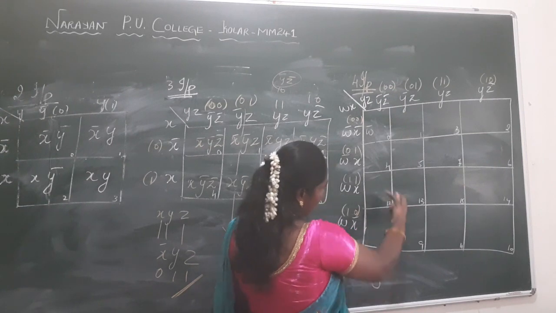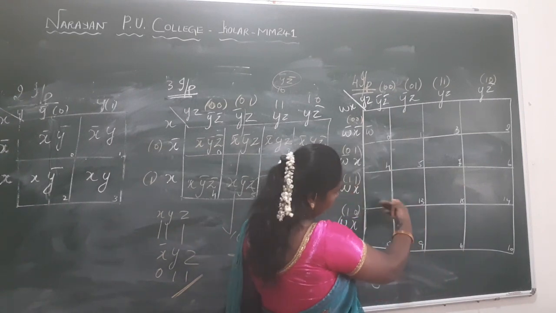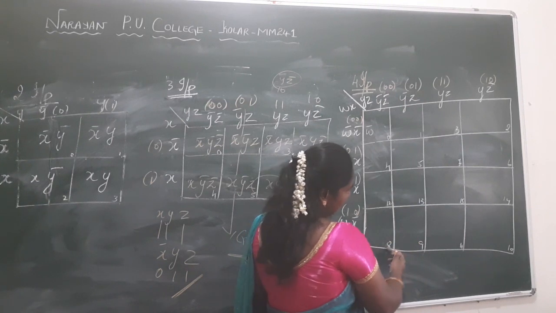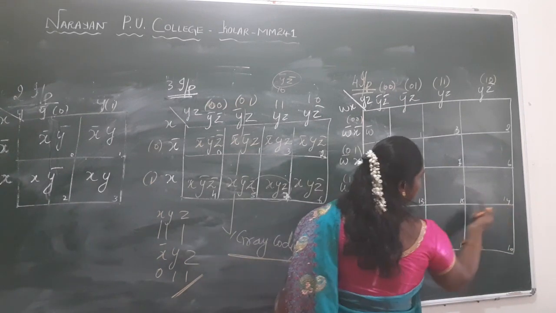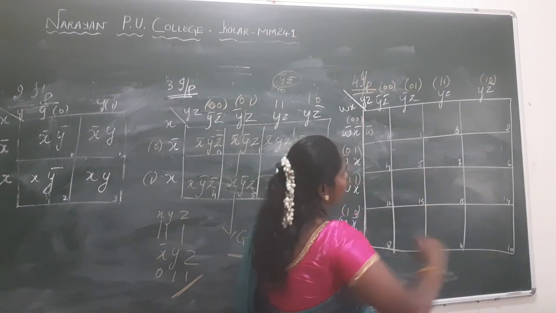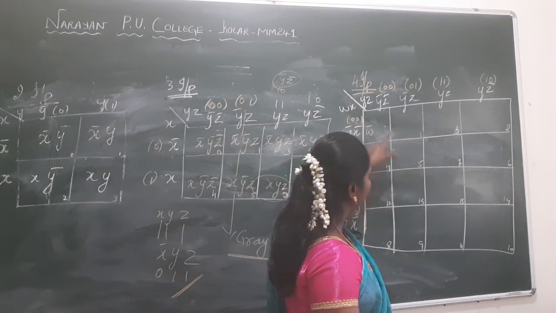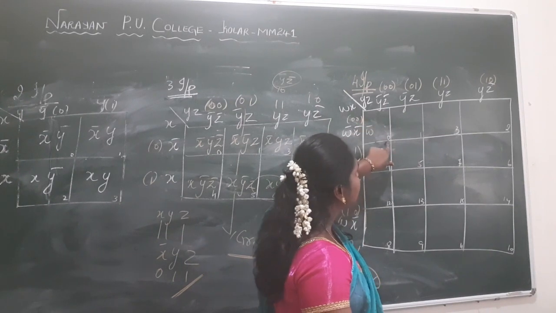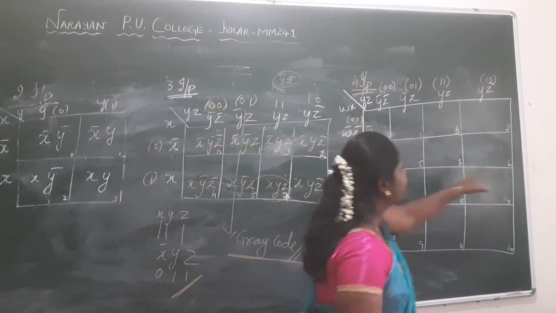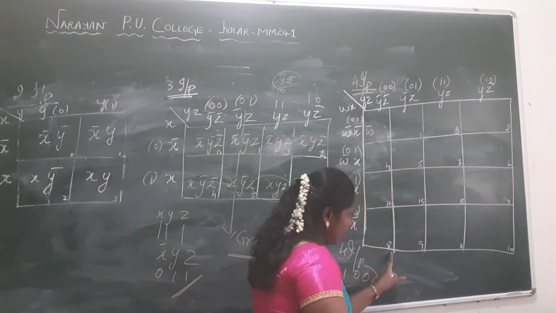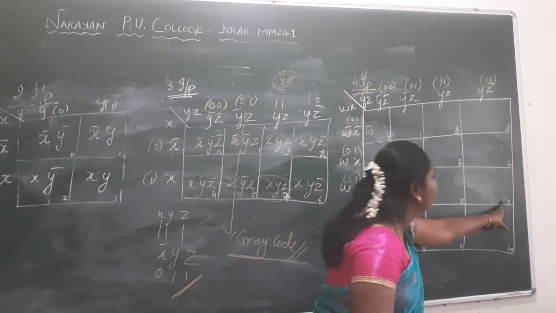So I am going to the next row, that is the fourth row, 8 9 10 11 12 13 14 15. This is my K-map representation for 4 inputs. This is the subscript, the minterm or maxterm representation for each square, that is 0 1 2 3 4 5 6 7 8 9 10 11 12 13 14 15.